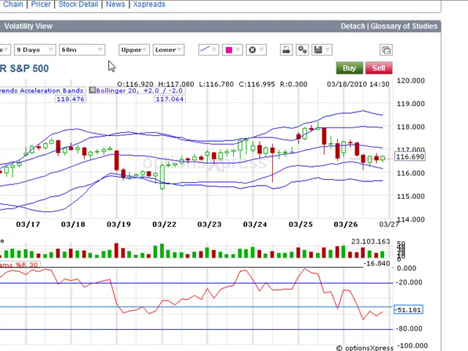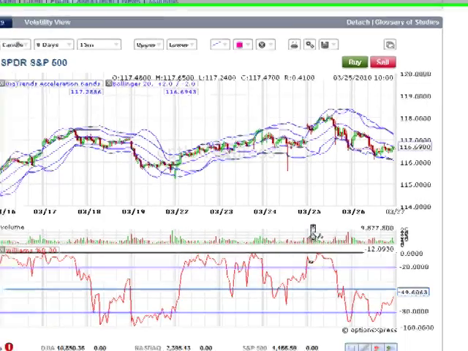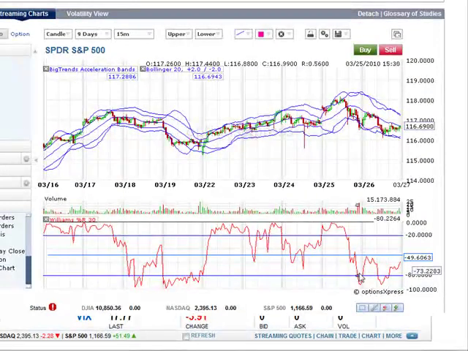So if we go to the 15-minute chart, here we can see again on the overbought oversold indicator that we have confirmed to the bearish side, and now we're starting to retest that signal.